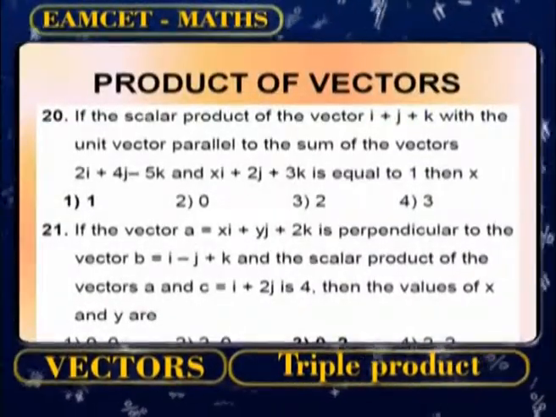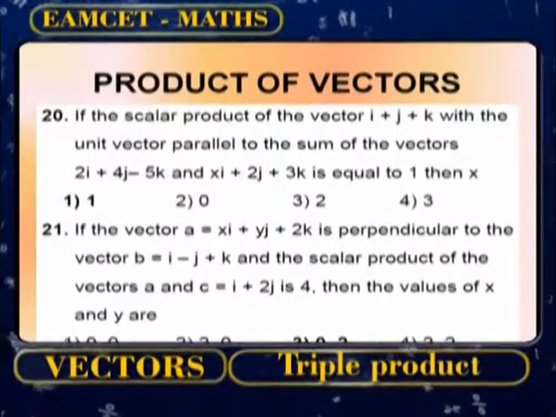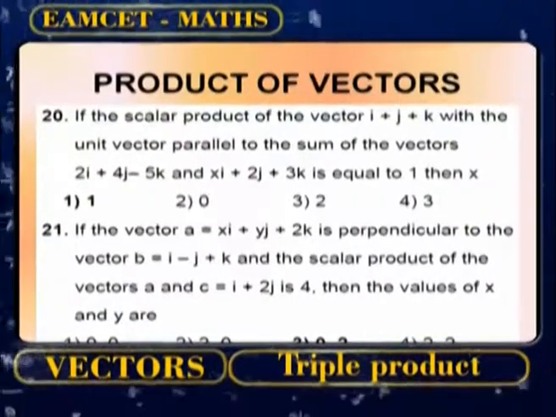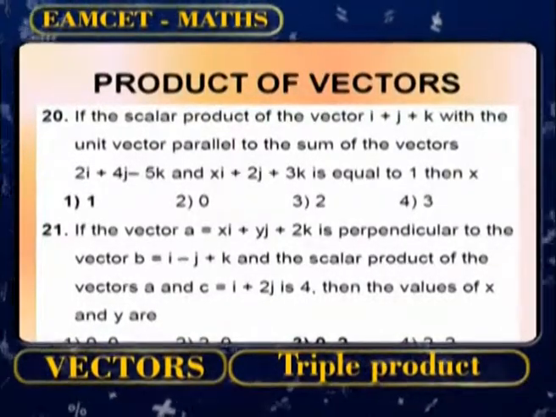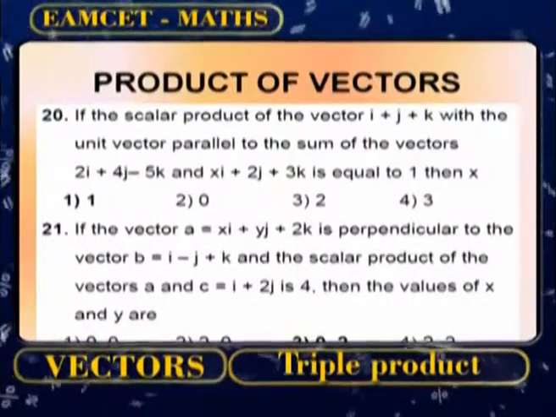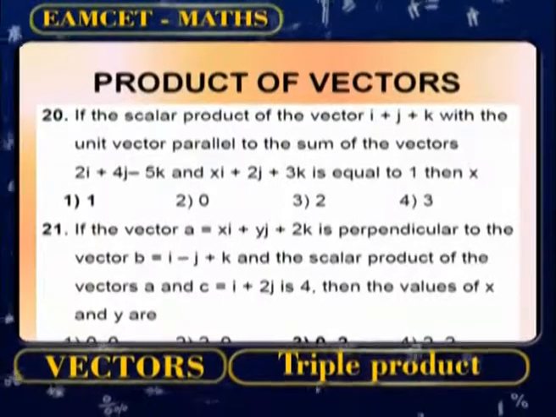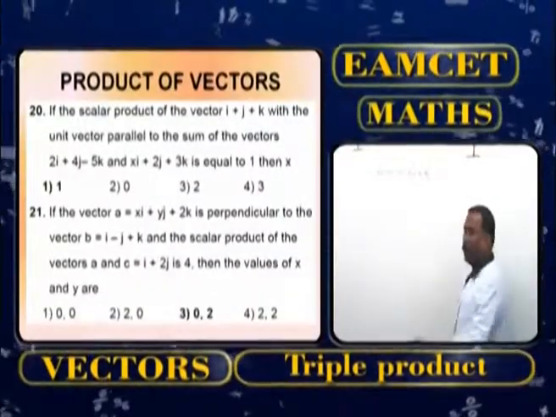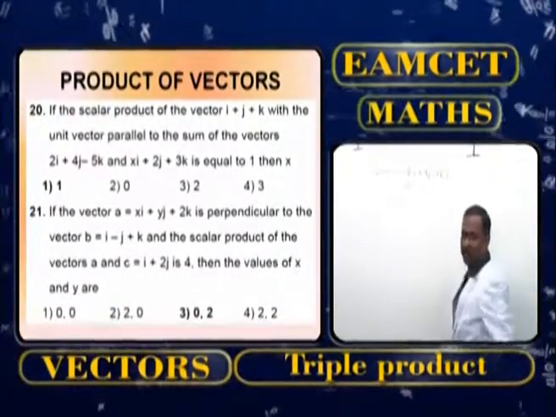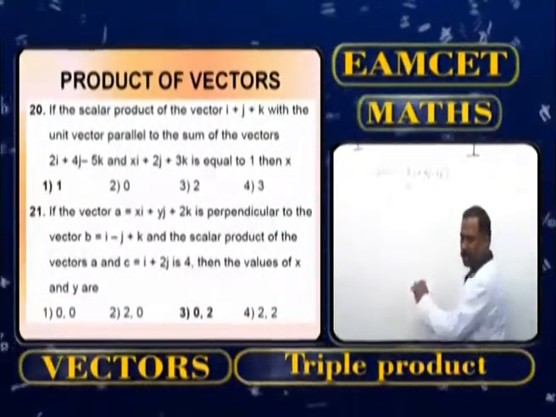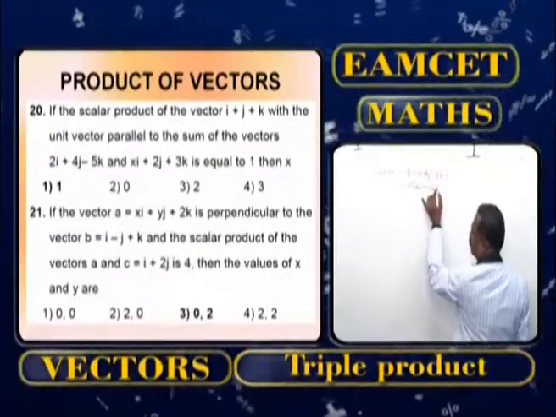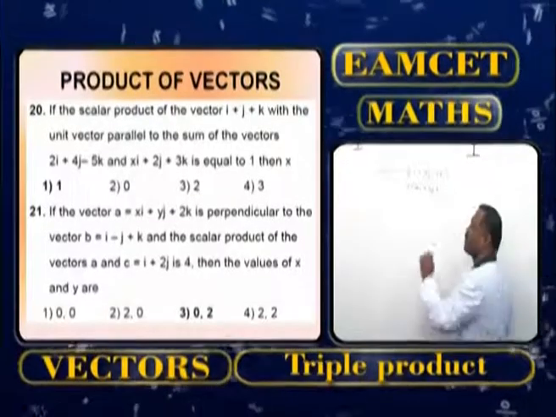If the scalar product of the vector i plus j plus k with the unit vector parallel to the sum of the vectors 2i plus 4j minus 5k plus xi plus 2j plus 3k is equal to 1.